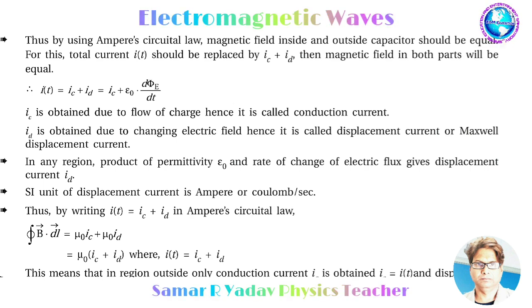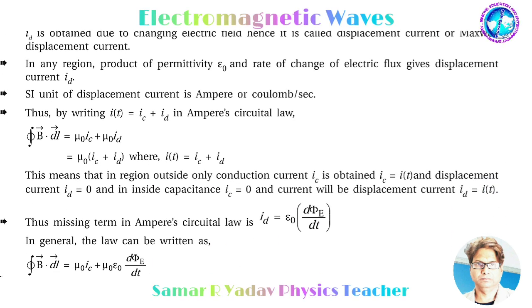Thus, by writing I(t) equal to IC plus ID in Ampere's circuital law, closed integral vector B dot vector dl is equal to mu 0 IC plus mu 0 ID, which is equal to mu 0 times IC plus ID, where I(t) is equal to IC plus ID.